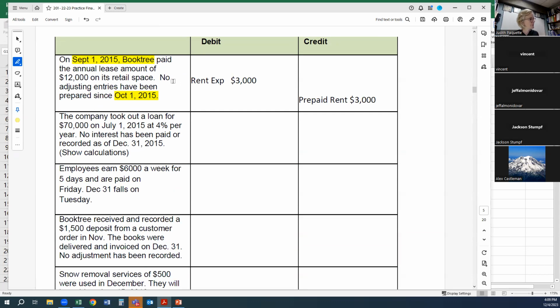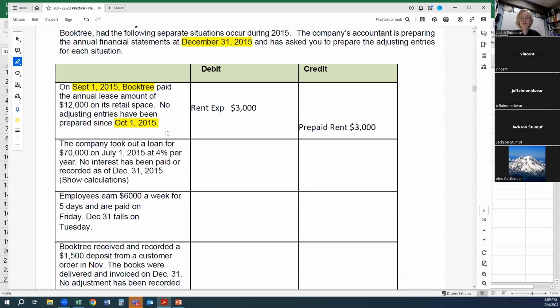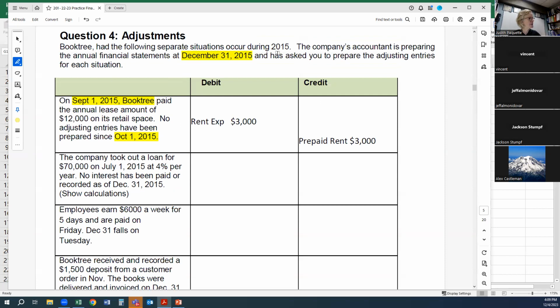On September 1st, Booktree paid the annual lease. Oh, that's weird. Let's read the instructions first. Booktree had separate situations. The accountant is preparing annual financial statements at the end of December and wants you to prepare the adjusting journal entries.